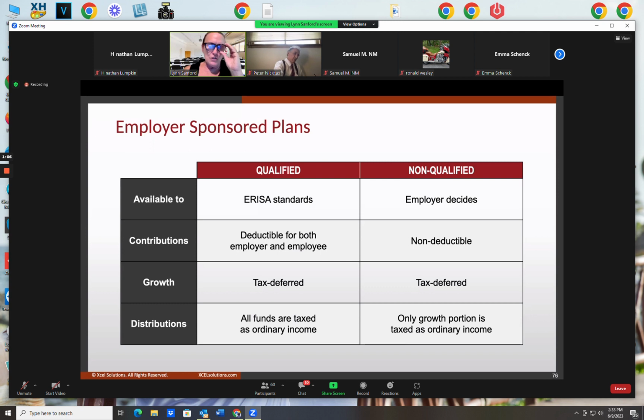So those are qualified plans, and they are regulated by ERISA standards. ERISA, Employee Retirement Income Security Act, 1974. So qualified plans are regulated by the IRS. ERISA, federal legislation passed by Congress in 1974, is what regulates qualified plans. A non-qualified plan receives only after-tax dollars.